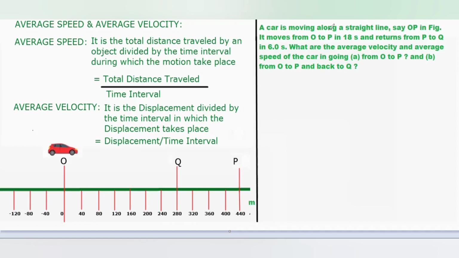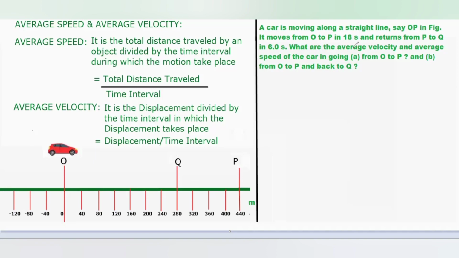With this reference, we are going to solve this numerical. A car is moving along a straight line, say OP in the mentioned figure. It moves from O to P in 18 seconds, and returns from P to Q in 6 seconds.